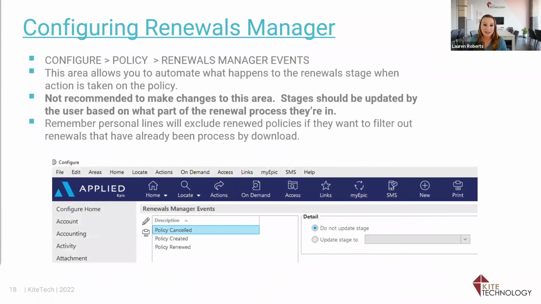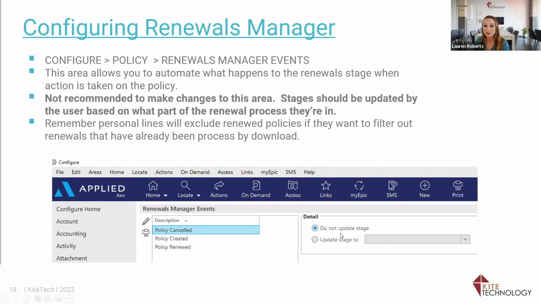Now, one of these next areas that is configurable, just want to kind of give you a fair warning on, is the Configure Policy Renewals Manager events. Now, while this might seem alluring, I want to caution you, you can tell Epic, hey, when a policy is canceled, go ahead and just update the stage to canceled.